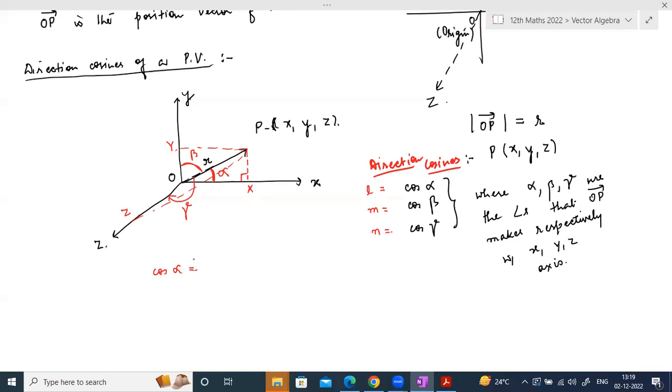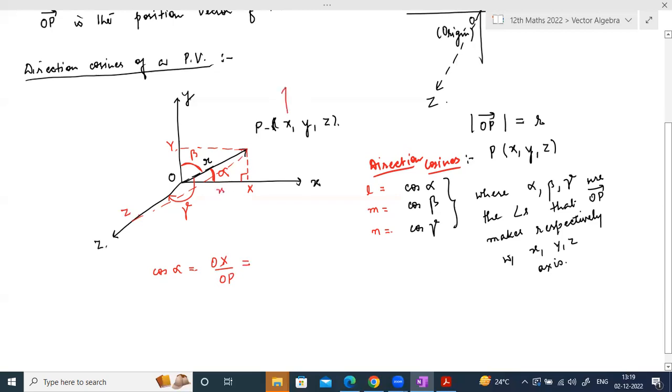Cos alpha will be x upon r. Yes, OX upon OP. Very good. And OX is nothing but the x coordinate. X is the distance from the YZ plane.